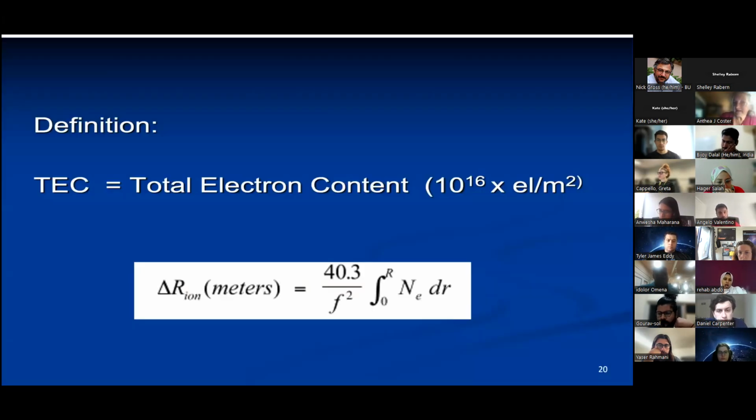The only thing GPS measures is the total electron content, so we don't get those altitude profiles. We just get one value, the TEC, integrated all the way from the ground up to the satellite, so up to 20,000 kilometers. The TEC unit is 10 to the 16th electrons per meter squared. So just keep that in mind.